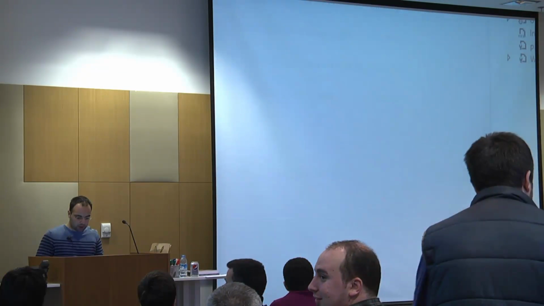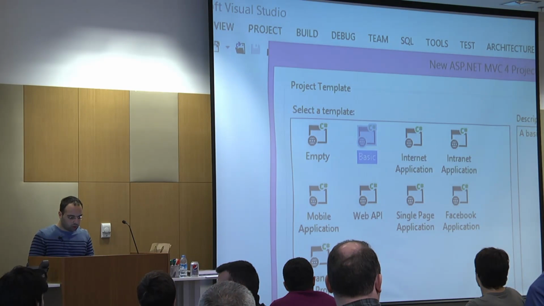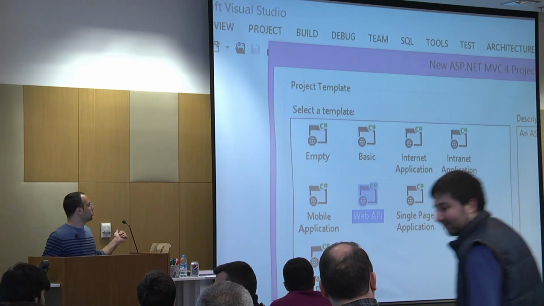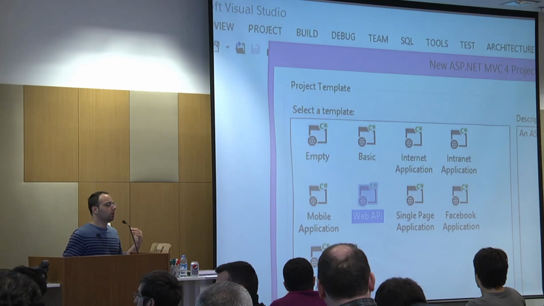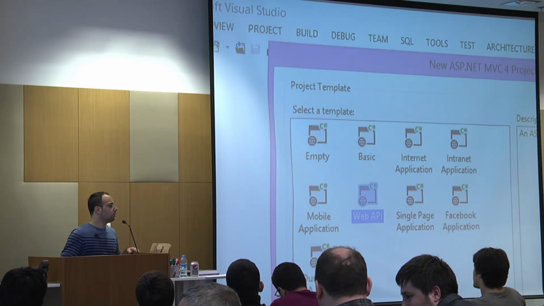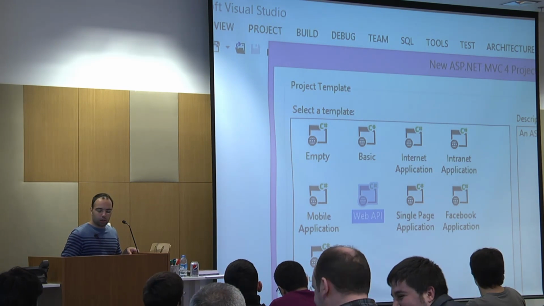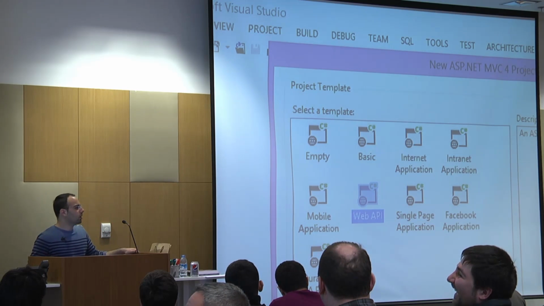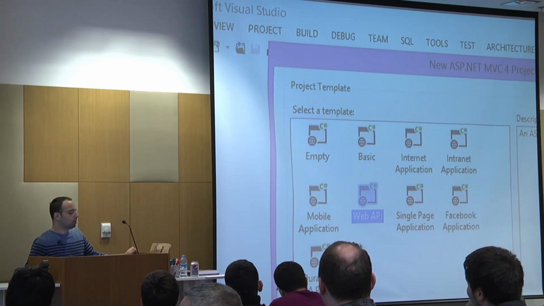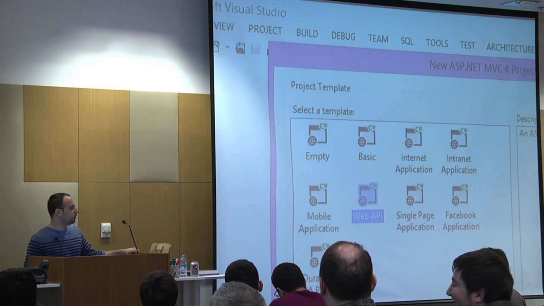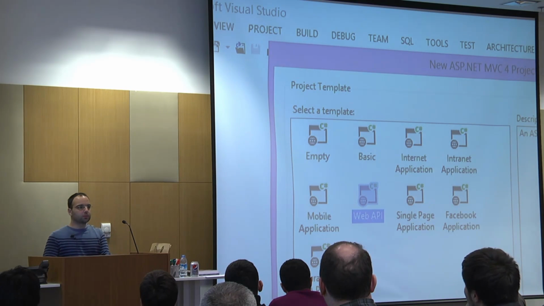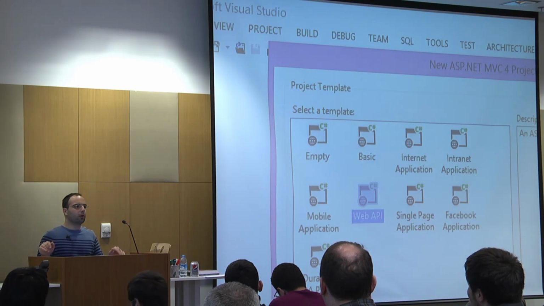Buradan yaratmak istediğimizde Web API proje template'ini göreceksiniz. Yüklemediyseniz, ASP.NET 4 var mı sizde? Olması gerekiyor. Daha sonra tekrar beraber ona bakalım. Web API kısmından direkt başlayıp Web API projesi yaratabilirsiniz.